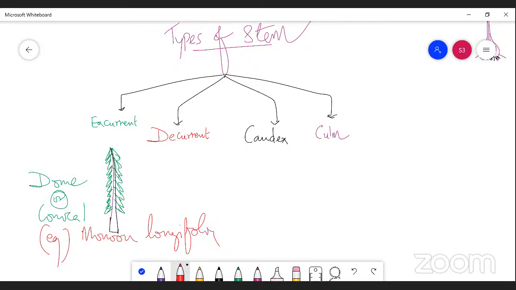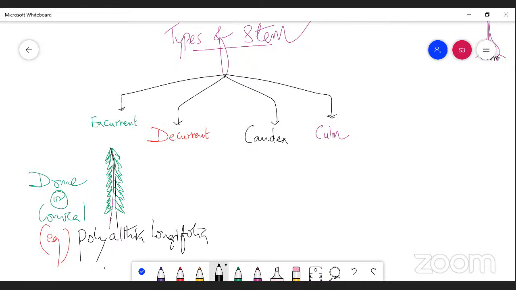So in the case of excurrent, the main axis grows continuously and the lateral growth is very slow compared to the main axis, forming a conical shape, as in Monoon longifolium, which is also known as Polyalthia longifolia. So this is the first type, excurrent.